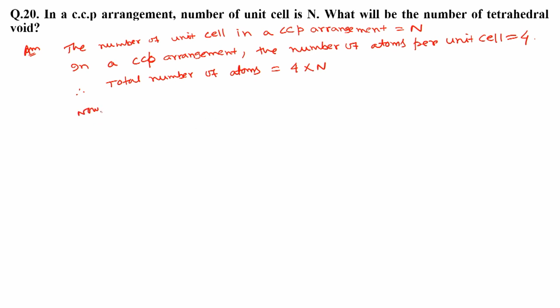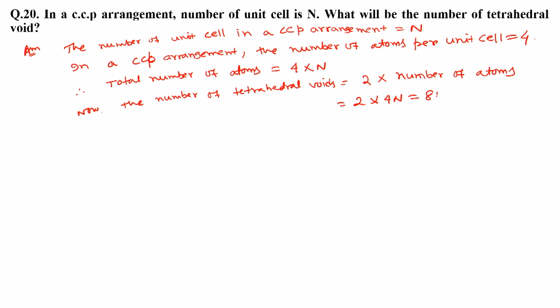Now, the number of tetrahedral voids is 2 times the number of atoms, so you get 2 times 4n, so you get 8n.